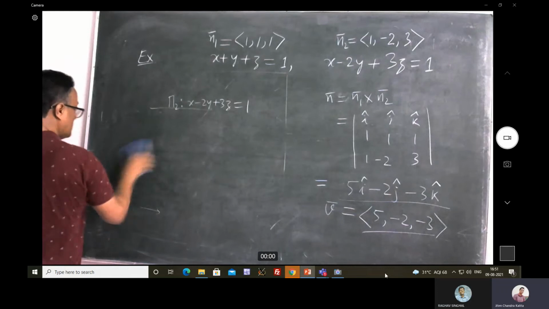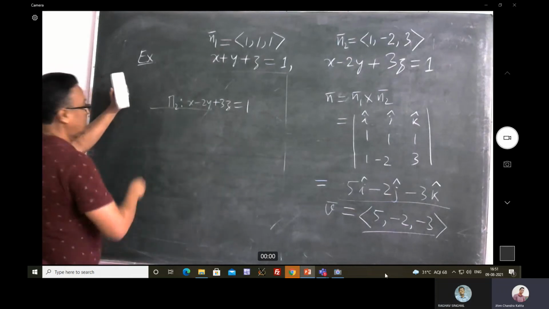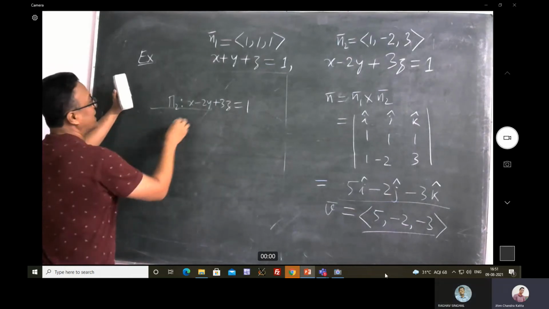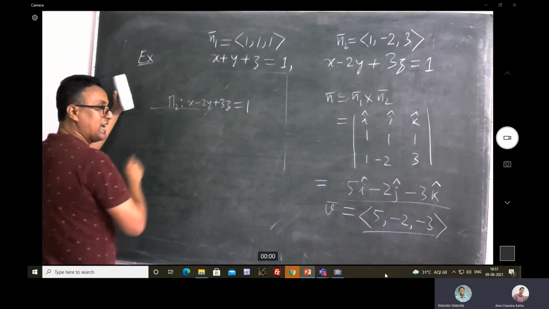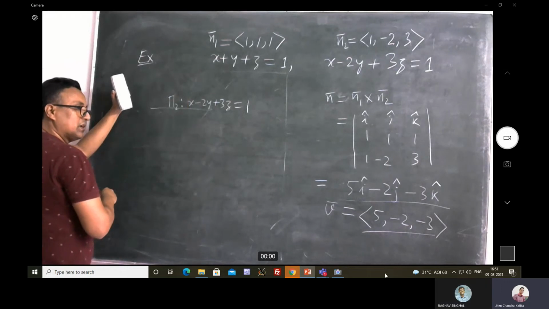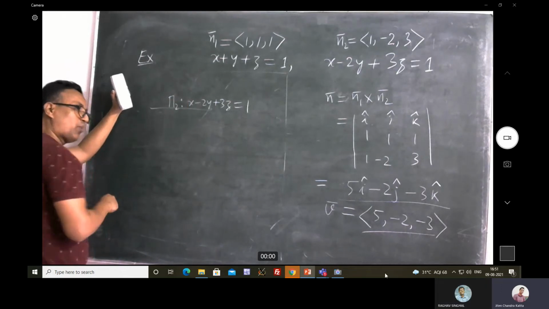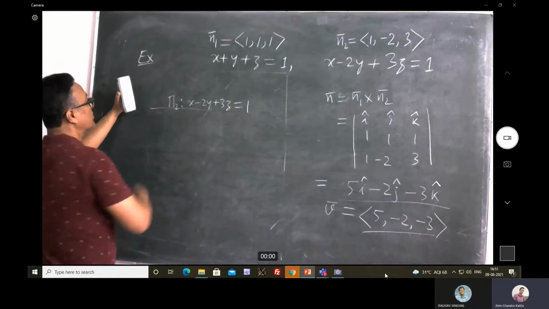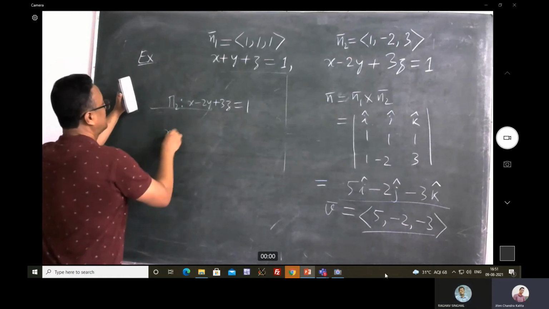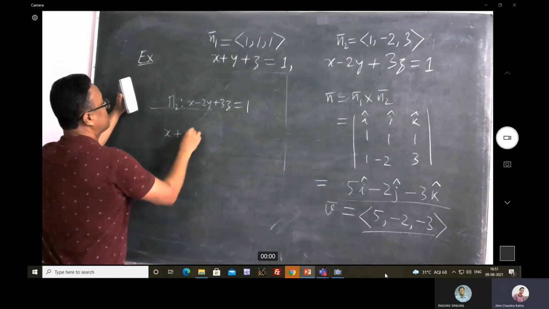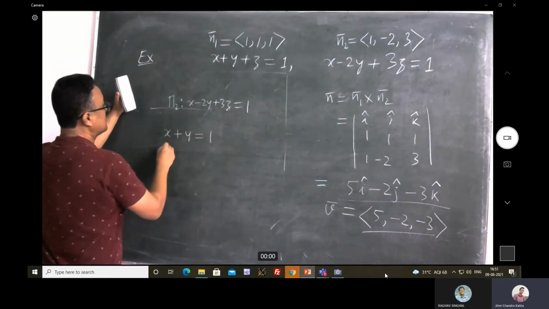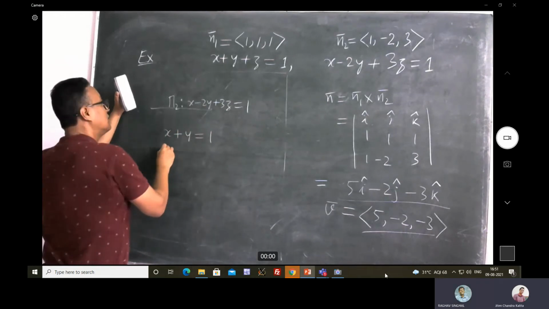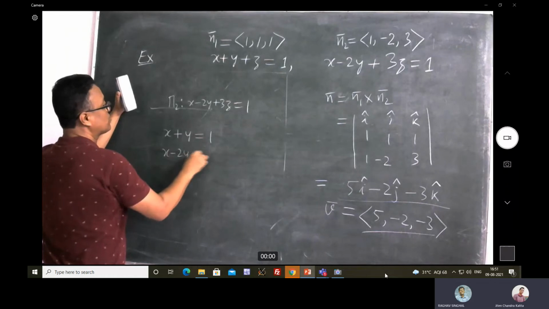So what we are going to do is find the point of intersection of the straight line L with the xy plane. On the xy plane, from the equations of these planes, I must have x plus y equal to 1 and x minus 2y equal to 1.